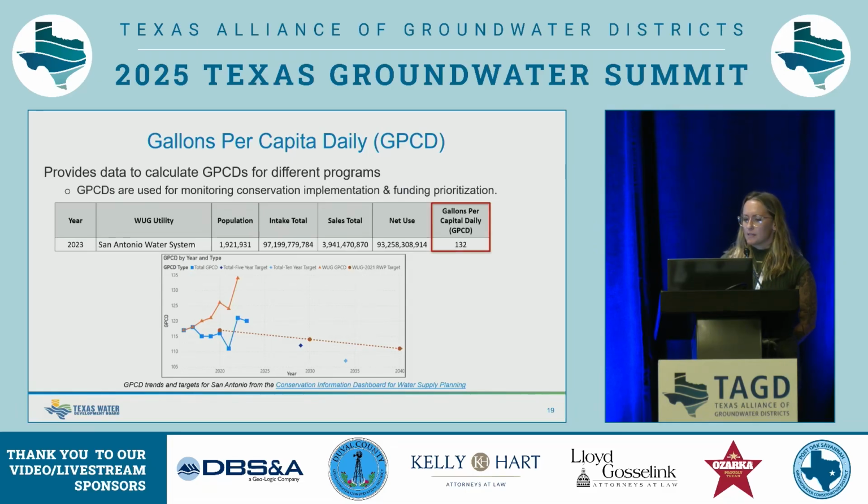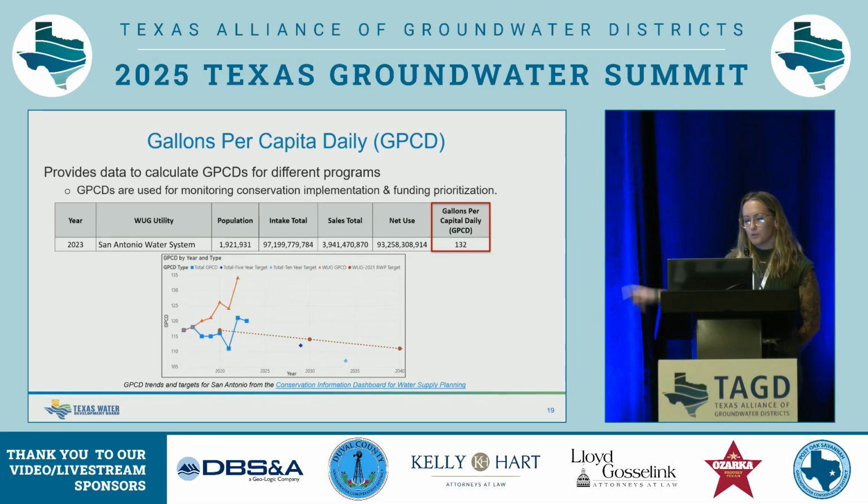For this example, this is a report that we have available. It's our water user group GPCD report. All of this data came from the water use survey, so I used San Antonio as the example here. We collect their population, intake, sales data that produces the net use, and then we can use all of that data to calculate that GPCD of 132.